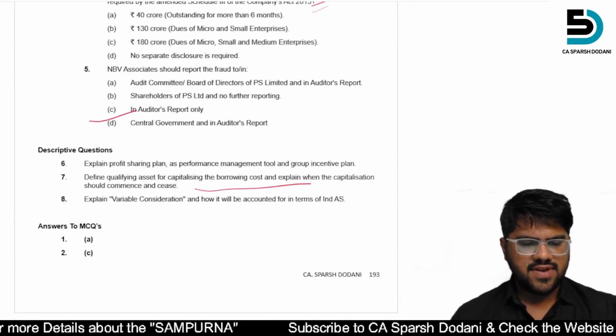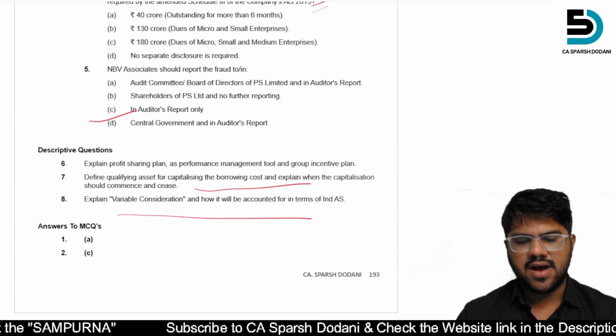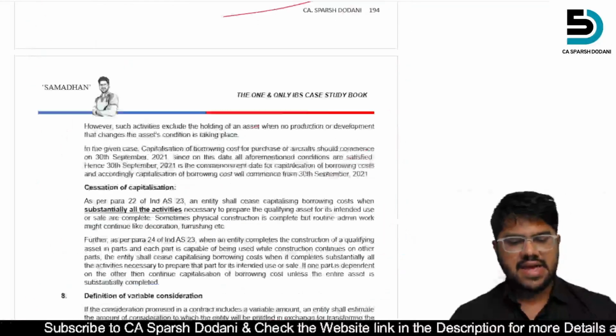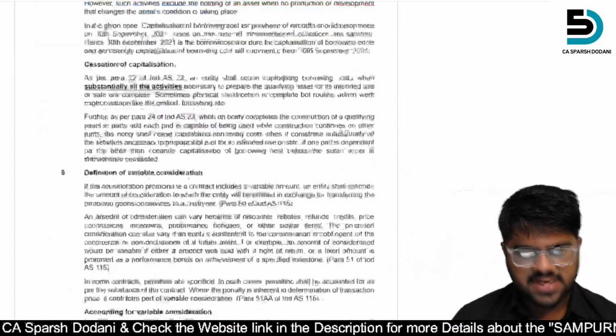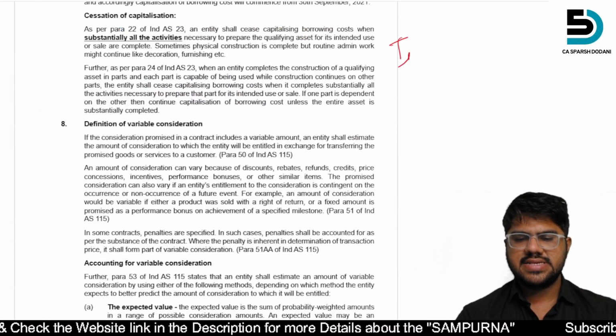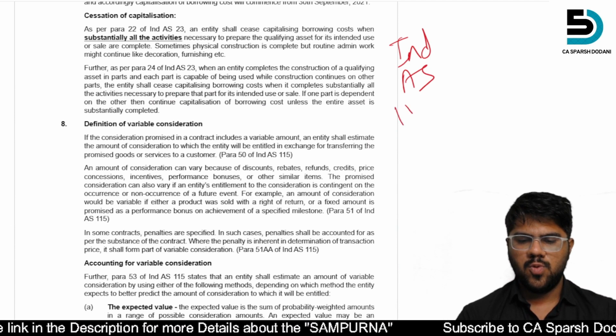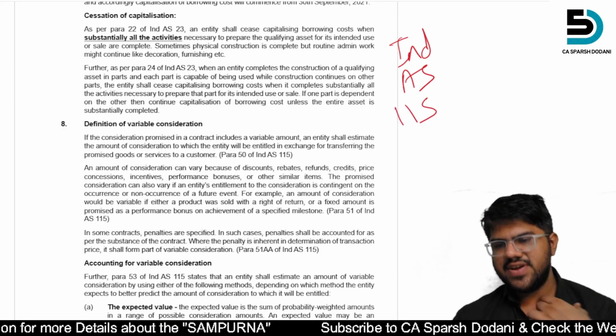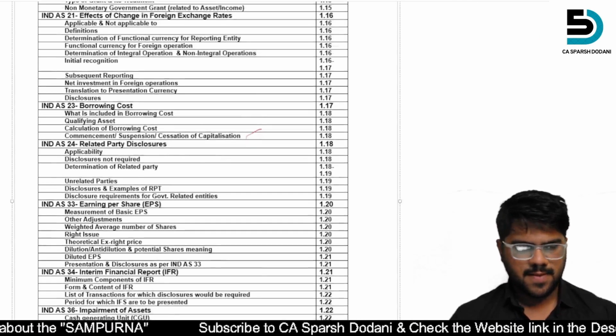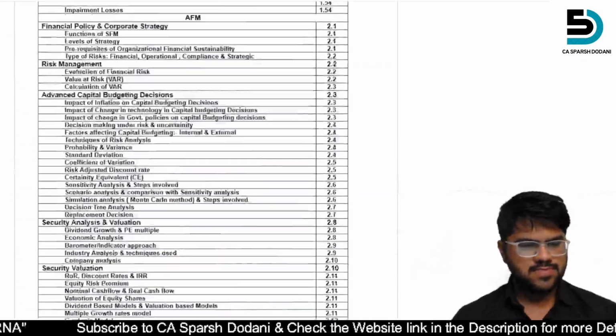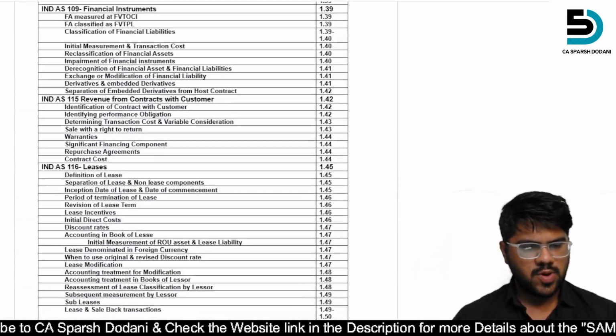Right? And after that, variable consideration and how it will be accounted in terms of Ind AS. So what is variable consideration? It is as per Ind AS 115. Let us check if it is there in Sampurna. Ind AS 115.